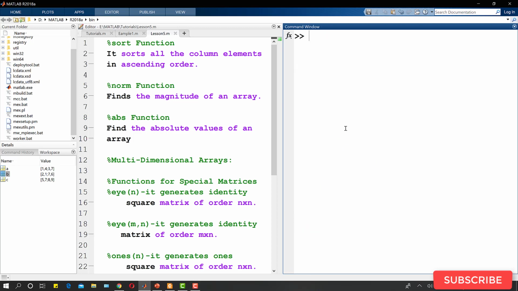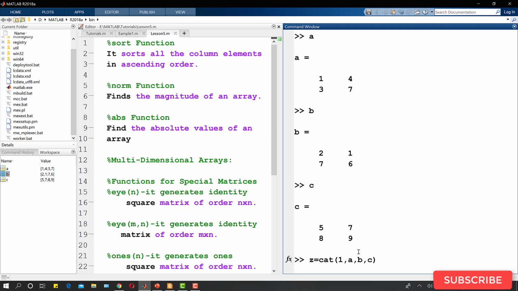Let's do some more practice for the cat function. Let's suppose I have this A, this B array, and this C array. If I write cat and I want to store them in, let's suppose, Z, I write cat(1, A, B, C).